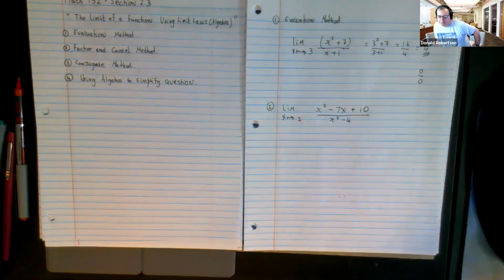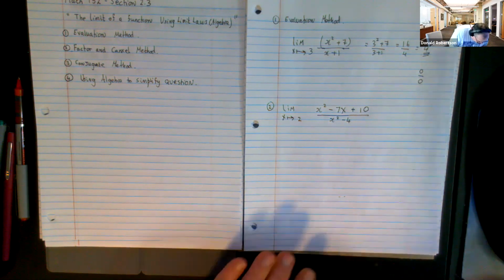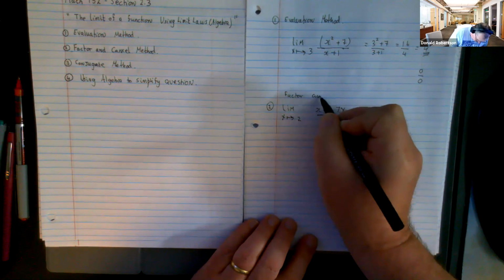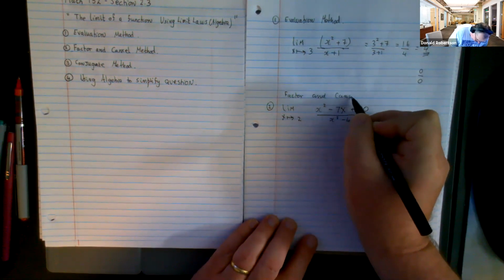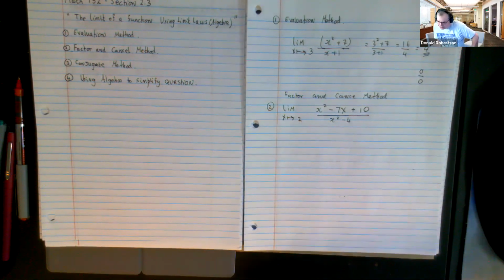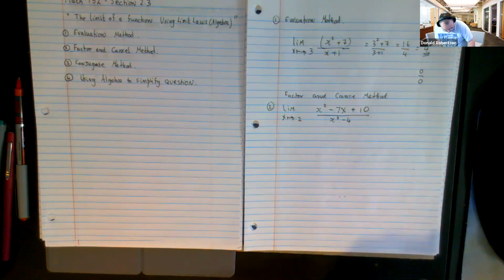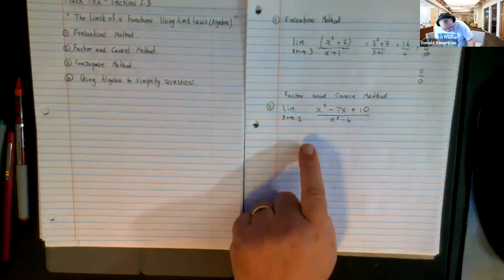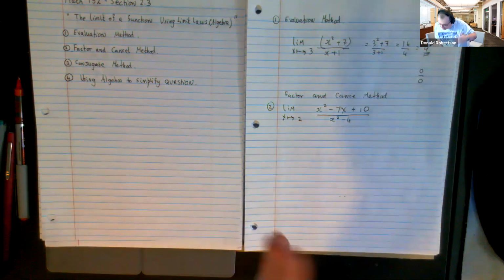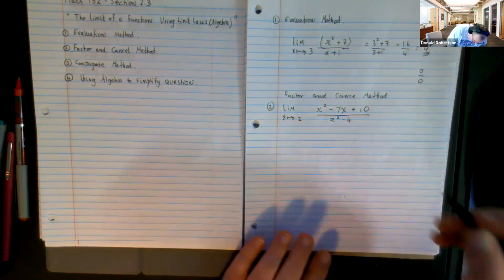Let's suppose I want to find the overall limit of that fraction. The method that we're going to use is called factor and cancel. And I like that name because it tells you what we're going to do. We're going to factor it and hopefully get some cancelling. Now, if I try to do the evaluation method, can you trust me that the top ends up being 0 and the bottom ends up being 0? I've done it in my head, it ain't happening. So we move on.